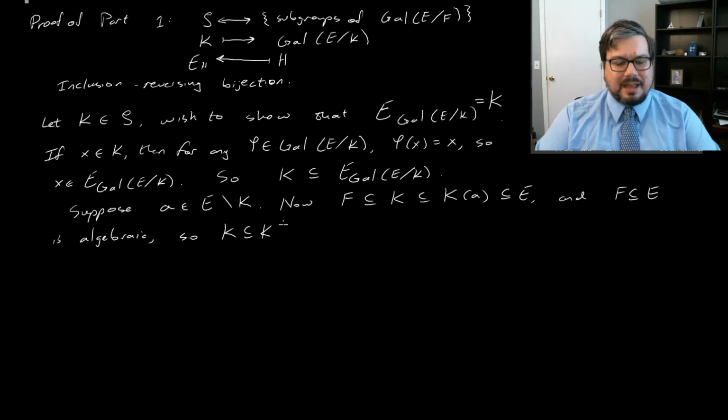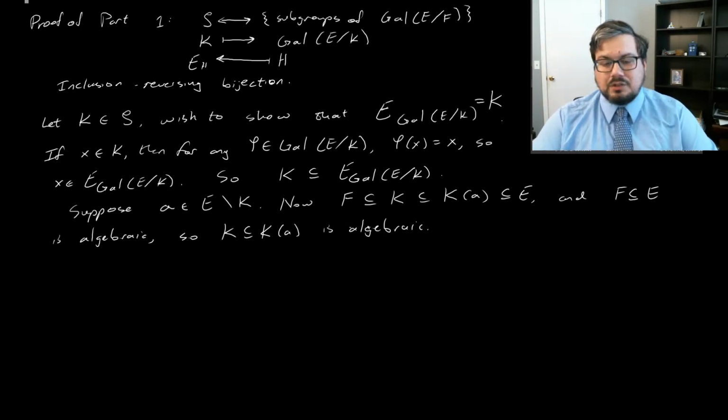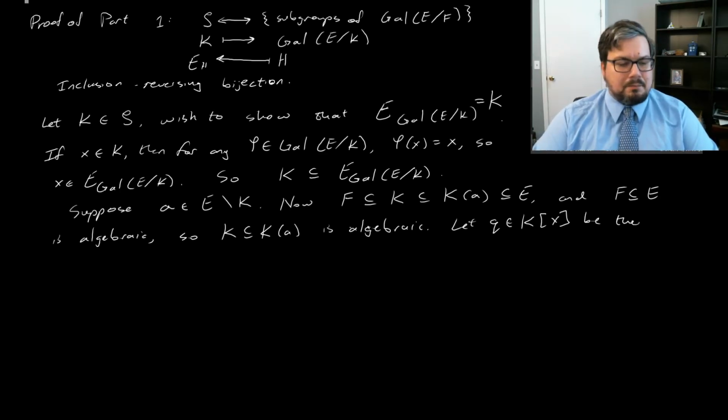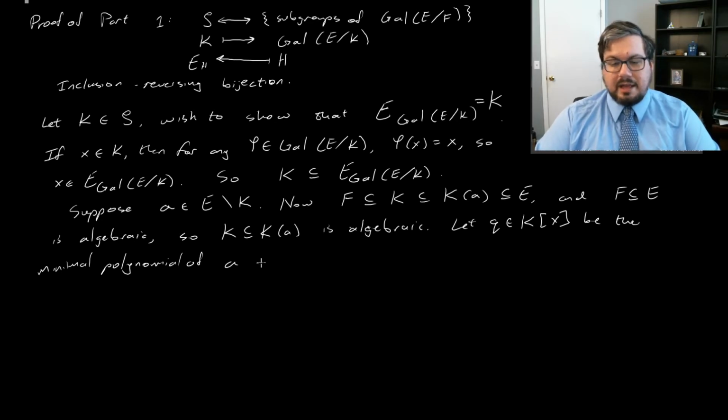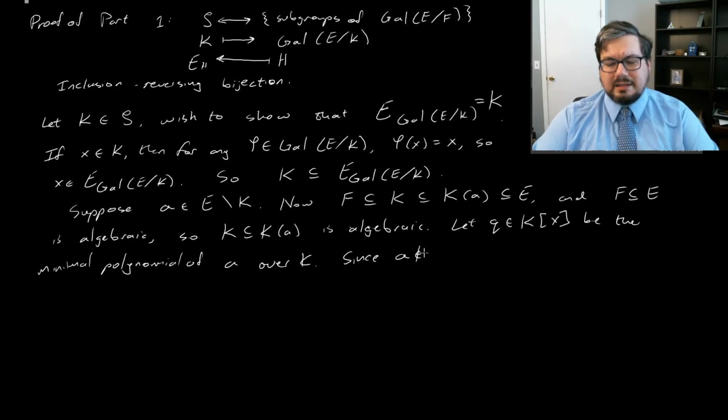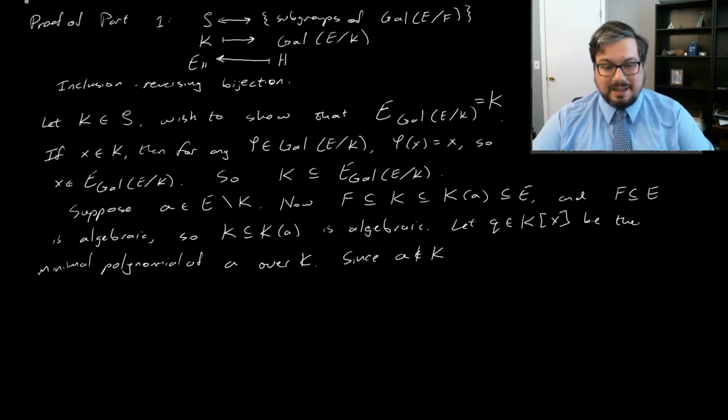So we have that K contained in K(a) is algebraic. So now let q in K[x] be the minimal polynomial of a over K. Now, since a is not in K, we have that the degree of q is greater than or equal to 2.